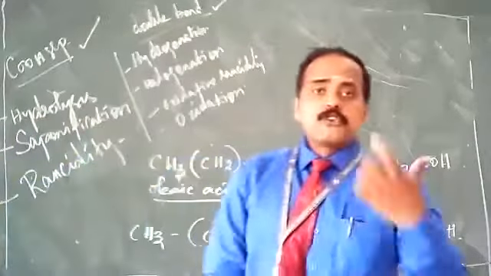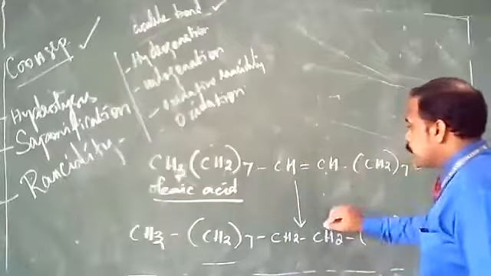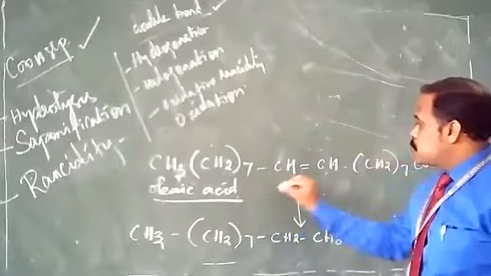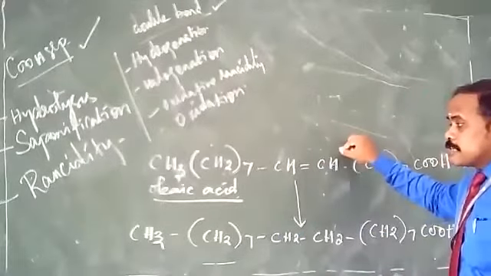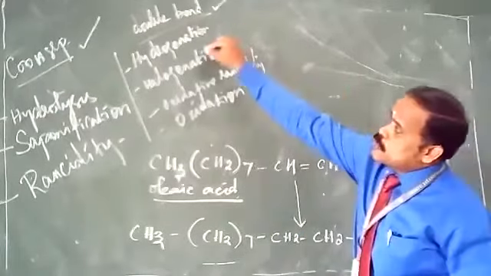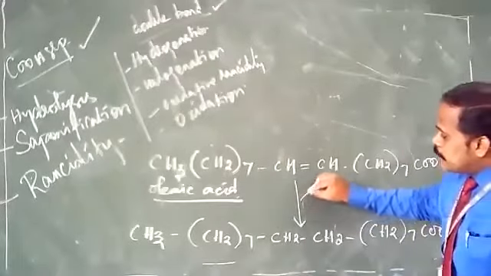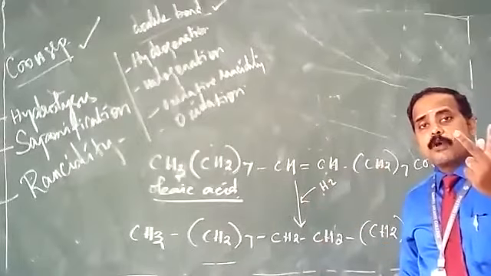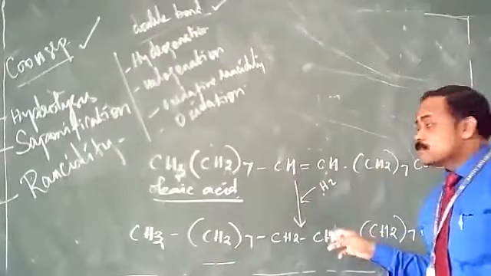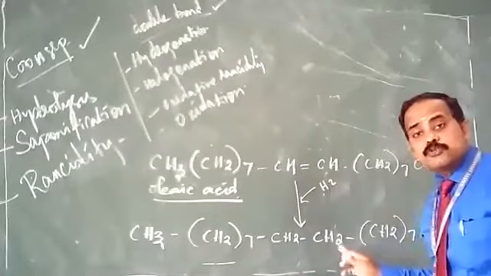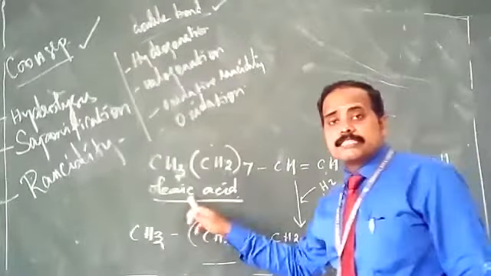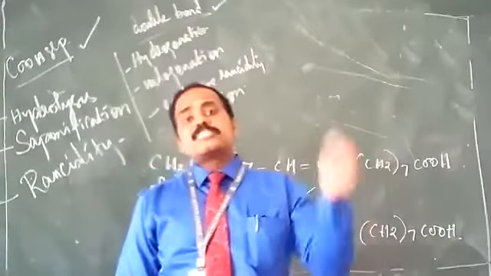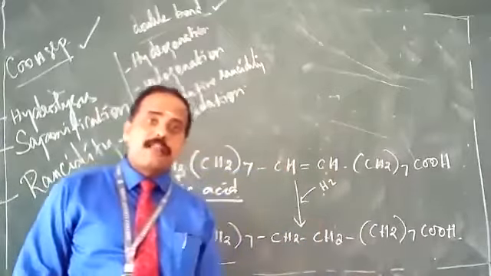So it takes up hydrogen at the double bond. Only one double bond is there, and this is oleic acid. When this unsaturated fatty acid undergoes hydrogenation, it readily takes up hydrogen, two hydrogen atoms. When it takes up hydrogen, CH double bond becomes CH2, and the unsaturated fatty acid is converted to saturated fatty acid because there is no double bond now.